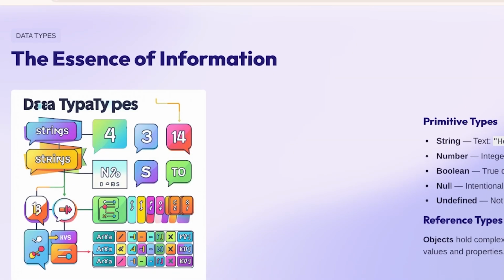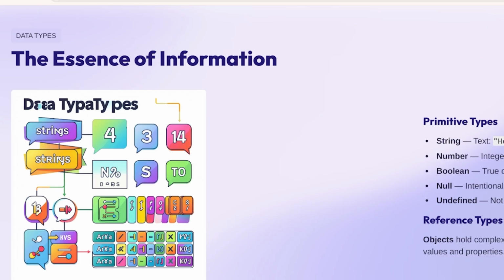And then data types. Now let's understand what data types are. Data types tell JavaScript what kind of information we are storing. You can store your name, your age, or an answer like true or false.